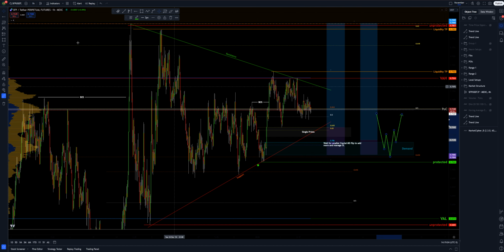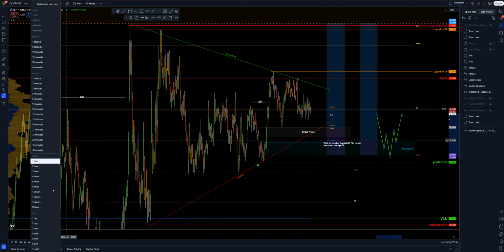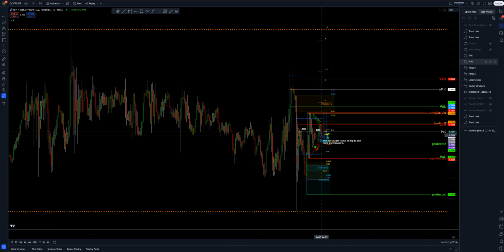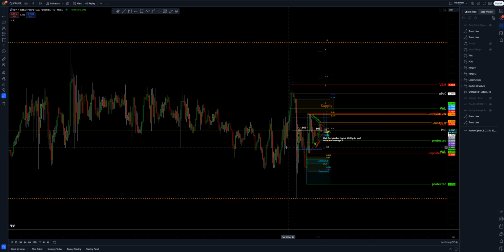This could be very nice longs. If everything plays out the way we're wanting to, and our TA is solid and the markets want to react accordingly, there's no reason this can't be a good trade.